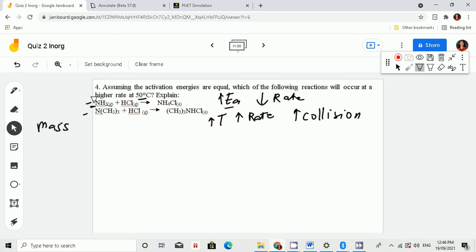So who has a higher mass here? Let's calculate the mass of NH3.